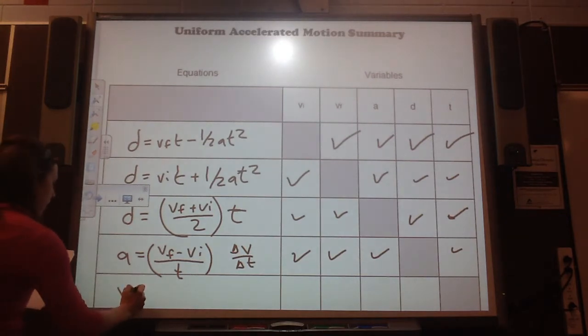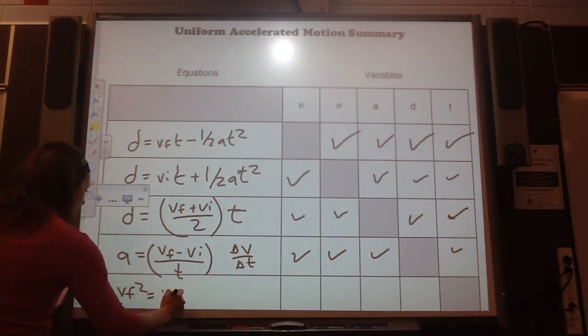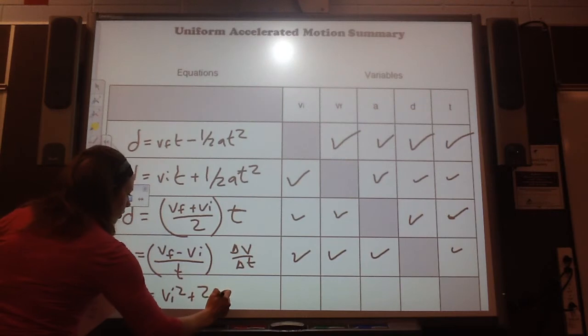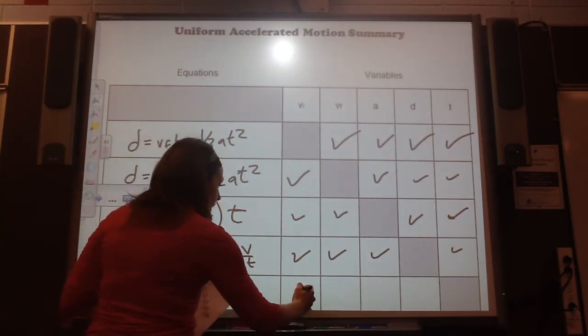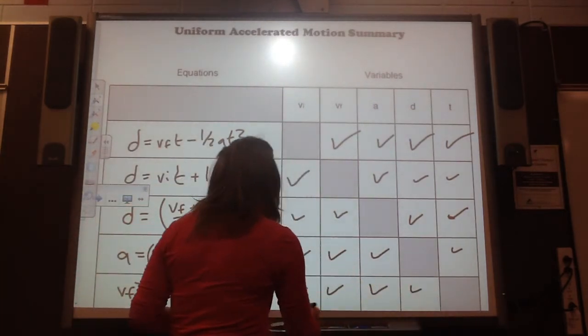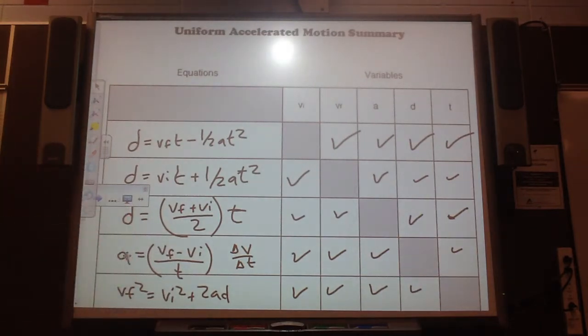And then our last one is VF squared equals VI squared plus 2AD, and it has everything except the dark box. So if you're having a hard time figuring out using your formula sheet, you can just use this, look and see which things do I need, look over and see what formula is matched with it.